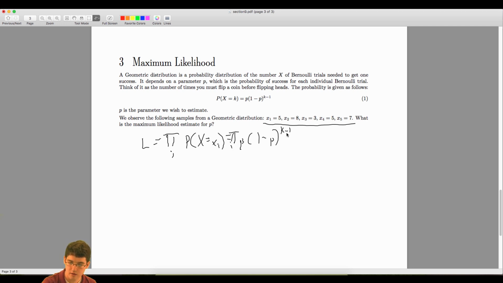Here I'm actually going to put an i, and we're going to put xi there. So the whole likelihood is now the product of this value, which comes from our probability distribution, and this is our model. We're assuming this particular distribution. So this right here is the probability of the whole likelihood of the data.